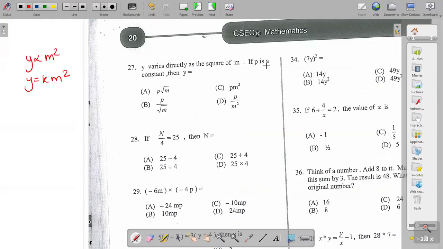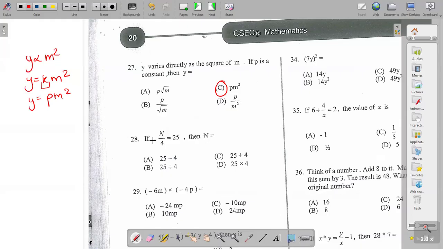If P is a constant, then Y is equal to, for the same, if P is a constant, constant means K. So Y is equal to PM squared. Everybody see that? So your answer is C.